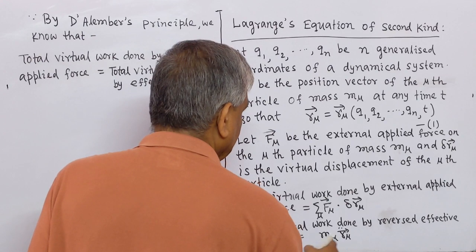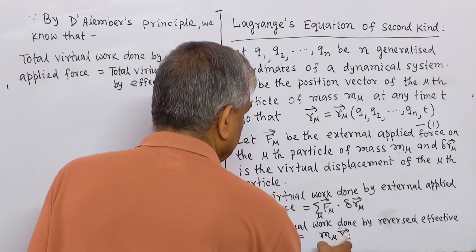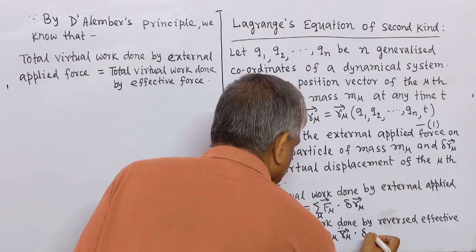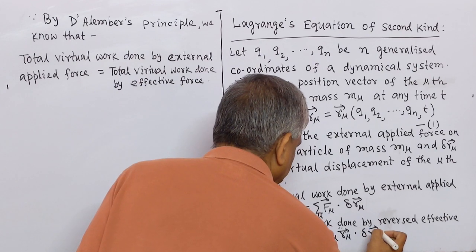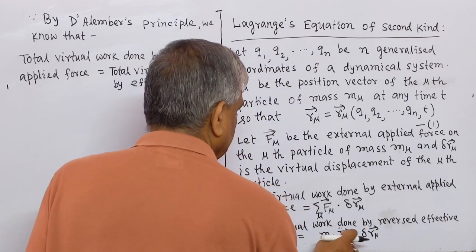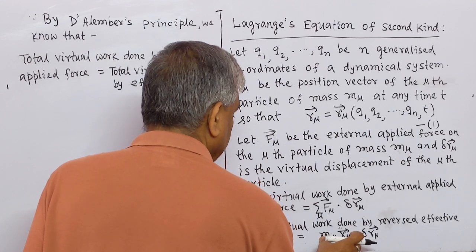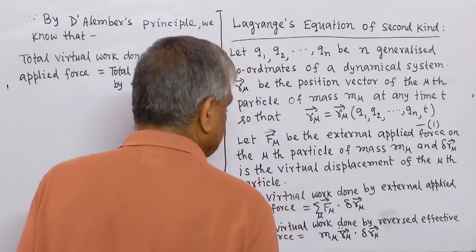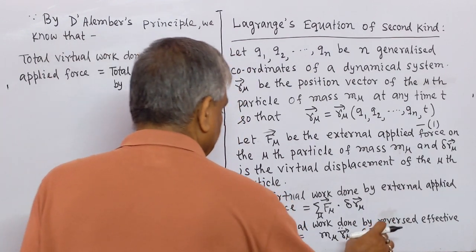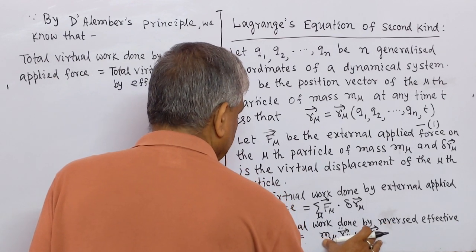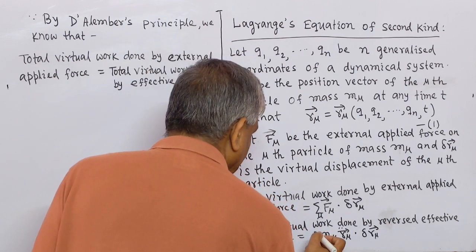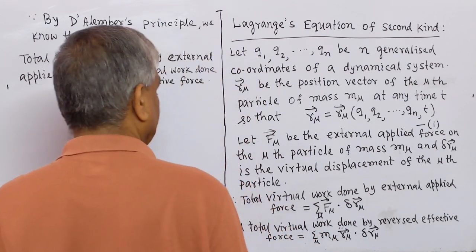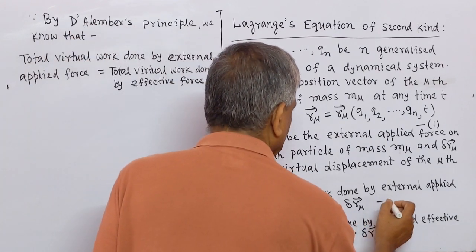This is mass and this is acceleration, the second order derivative, dot virtual displacement. This is force and this is displacement. Force multiplied by displacement is the work done. This is virtual displacement, so this is virtual work done, and the total virtual work done by the effective force is sigma over mu.